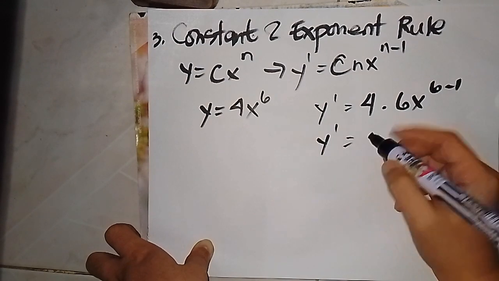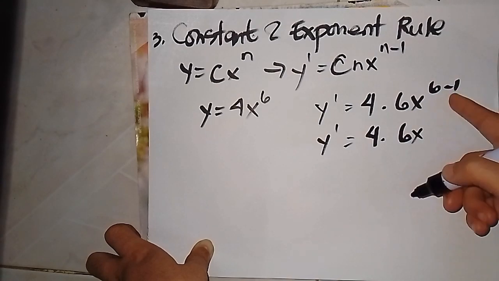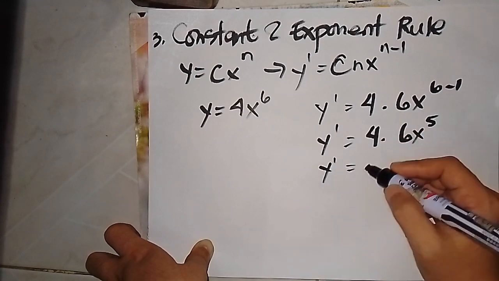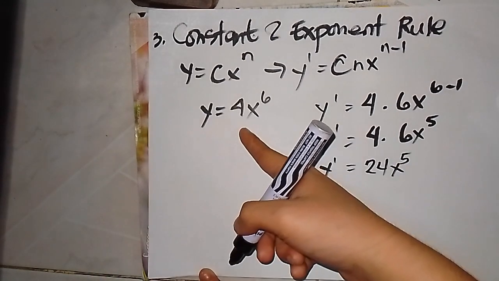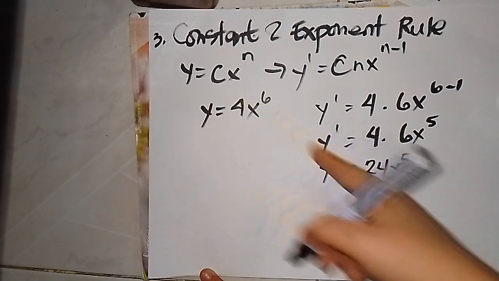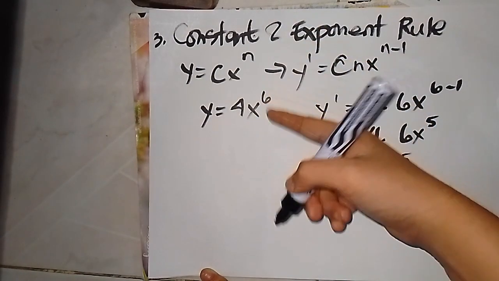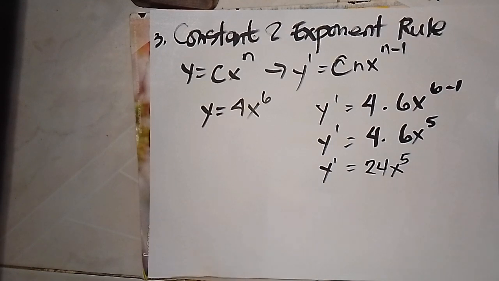So our y prime will be 4 times 6x^5, and then simplify: 6 times 4 is 24, and then x raised to 5. So the derivative of 4x raised to 6 is equal to 24x raised to 5. So that's how you get the derivative using the constant and exponent rule.